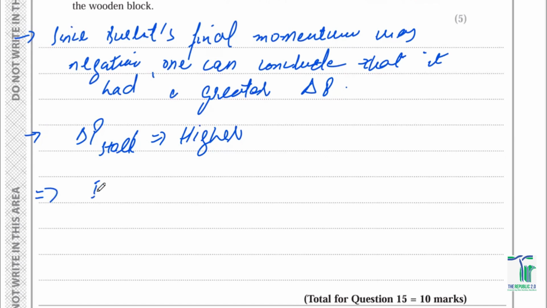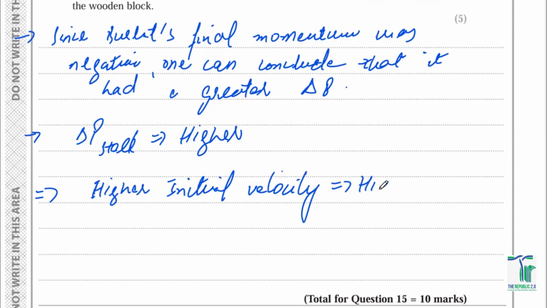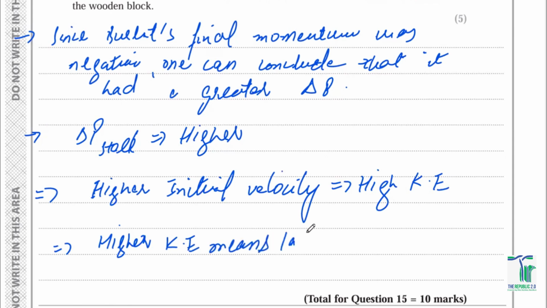And if it has a higher momentum, what does that mean? That it should have a higher initial velocity. And if it has a higher initial velocity, it must have a higher kinetic energy. Higher kinetic energy means a large gain in potential energy.